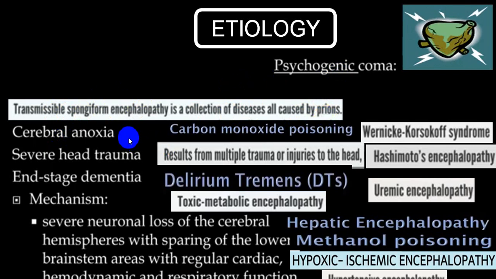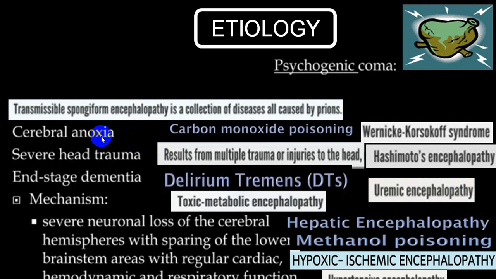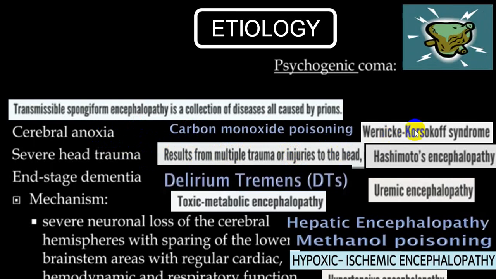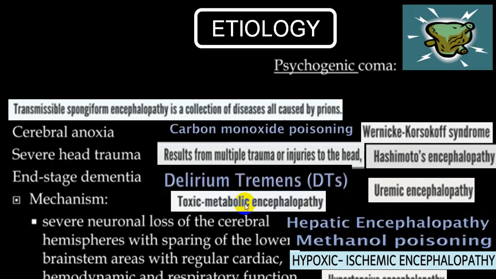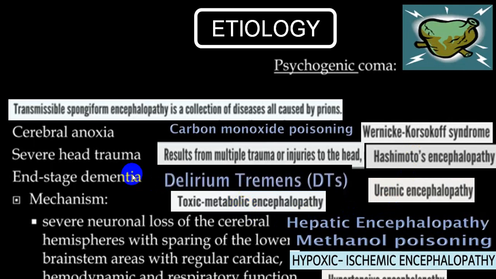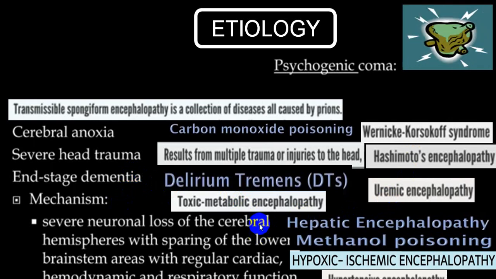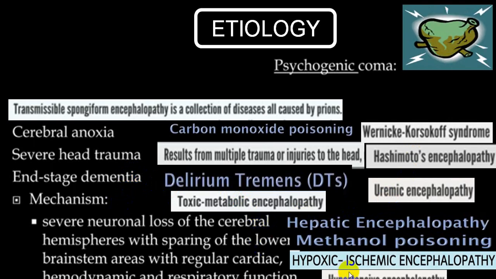So you've got certain genetic disorders, hypoxic encephalopathy, carbon monoxide encephalopathy, severe head trauma, either because of multiple trauma or because of head injury, Wernicke's Korsakoff syndrome, Hashimoto's encephalopathy, uremic encephalopathy, toxic metabolic, delirium tremens, end-stage dementia, etc. Hepatic, methanol, hypoxic ischemic, hypertensive encephalopathy. These are a lot of causes which can be there.